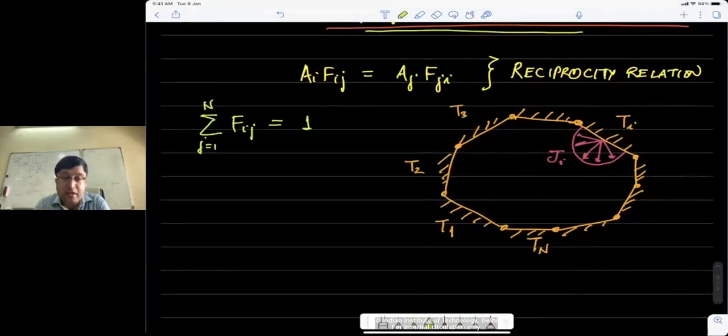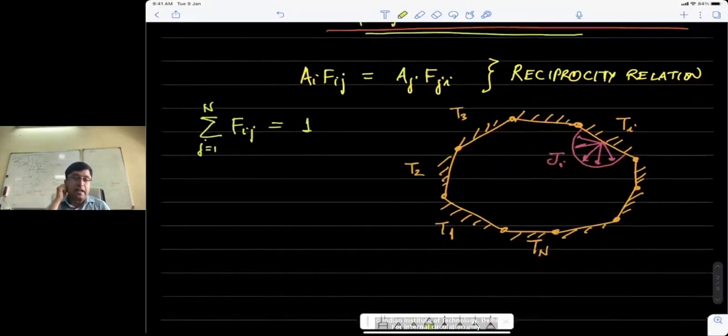By the way, the summation can also include surface i, because if surface i has a concave shape, then, and I'll show you some examples today, it can actually intercept its own radiation. So the summation from j equals 1 to n can include surface i as well.